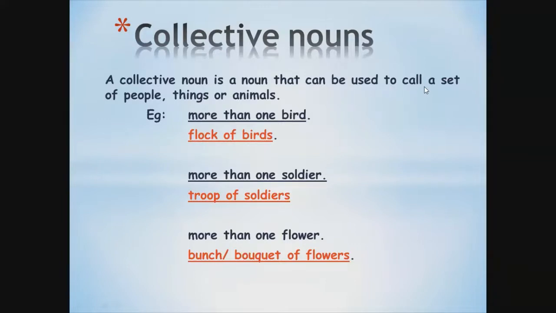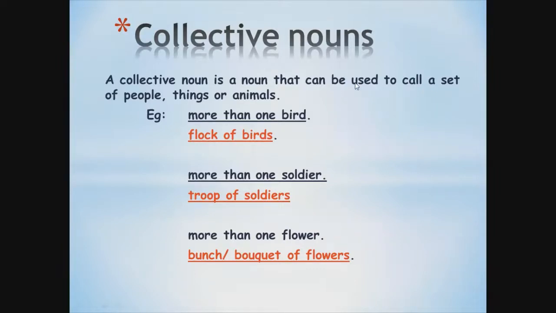So this is not only calling a set of people or a set of birds or animals. Not only that, you can call a set of things too. It applies to any objects as well.